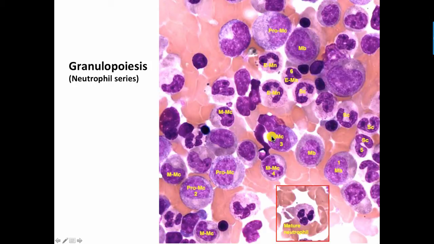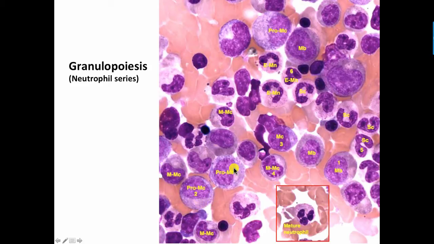The next step in the development of the neutrophil lineage is the transition into the promyelocyte stage. The nucleus is still somewhat round to bean-shaped, but one can start to see the presence of these nonspecific azurophilic granules in the cytoplasm.